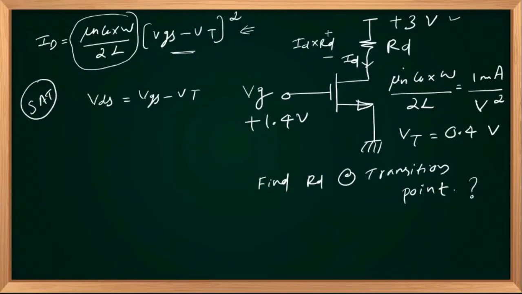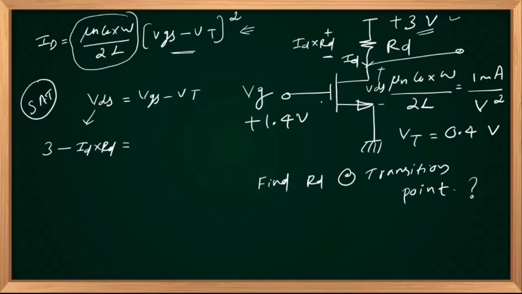And VDS is nothing but the total voltage 3 minus the drop across RD. So 3 volts minus ID multiplied by RD will give your VDS. And that should be equal to VGS minus VT.